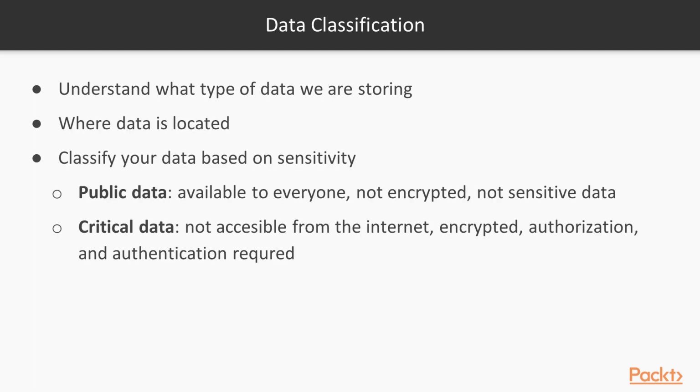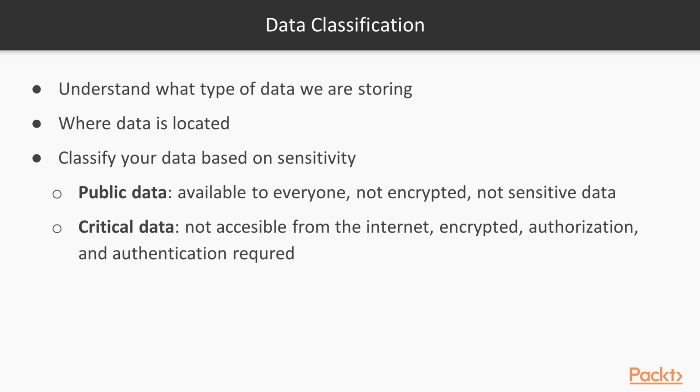To classify the data based on sensitivity, we have to think about two different ways. First is public data. This is the data we are storing that is available to everyone, and is not encrypted because it doesn't need to be, since it's not sensitive data. On the other side, what is the critical data?